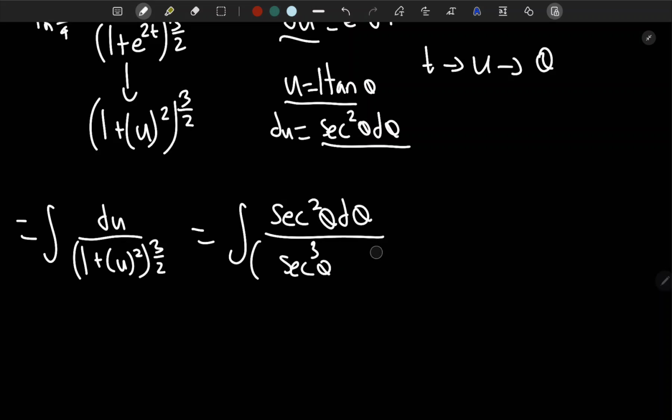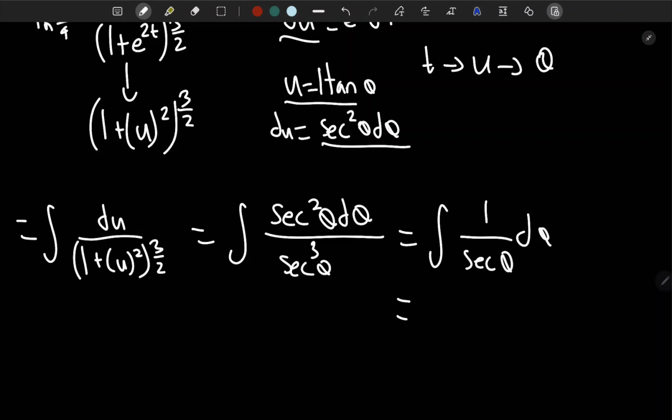of 3 delta. And this can now be simplified to the integration of d delta over secant delta.